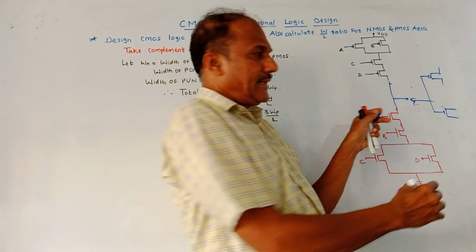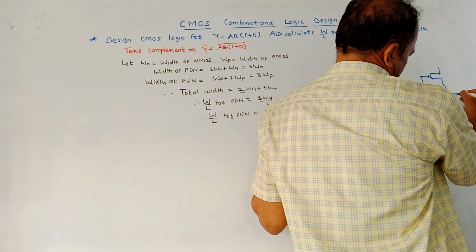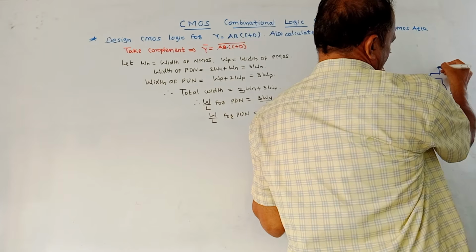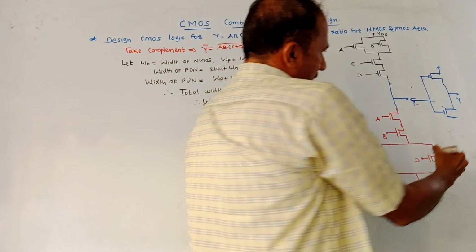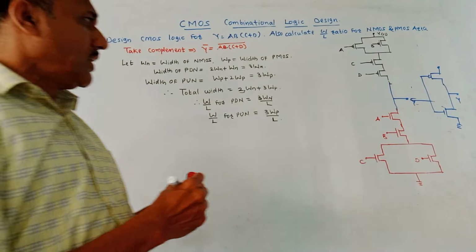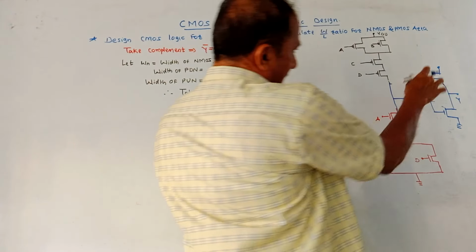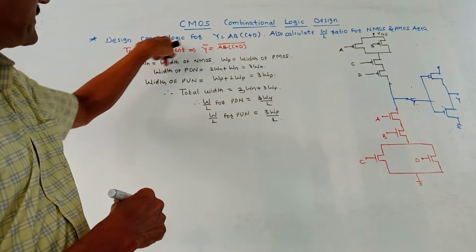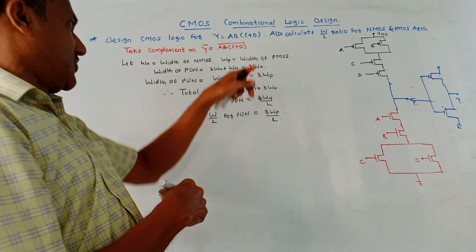The connection is like this, and from this point I will be getting output Y. So this should be grounded and VDD will be given at the upper end. So this is the complete diagram, which shows designing of this given logical equation.